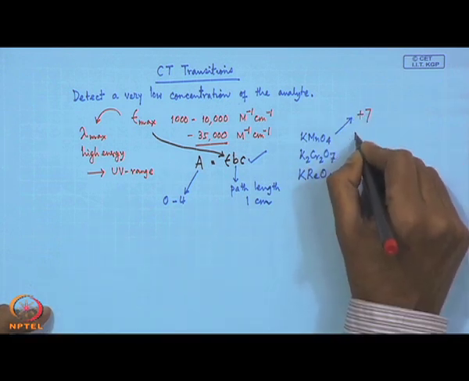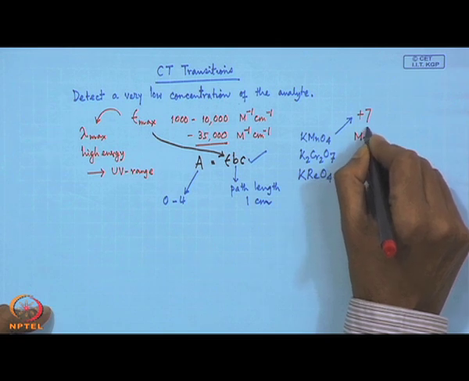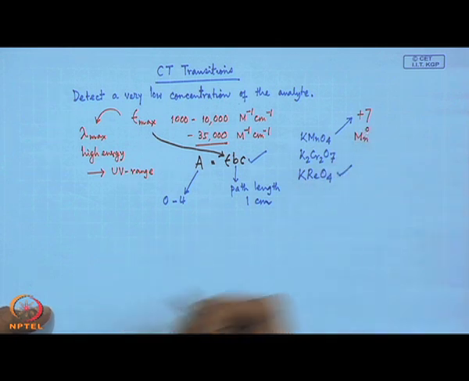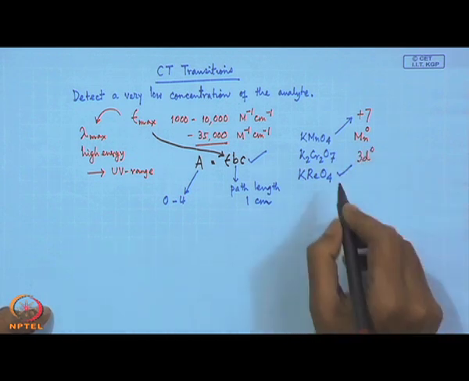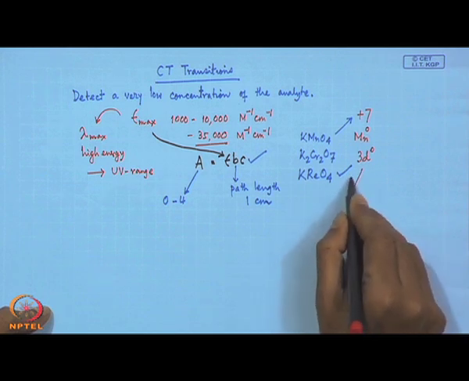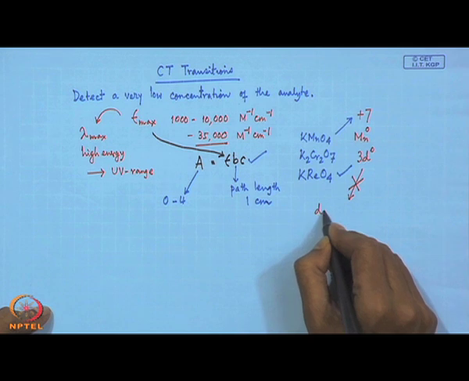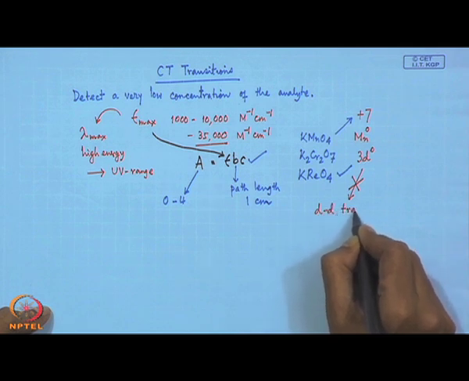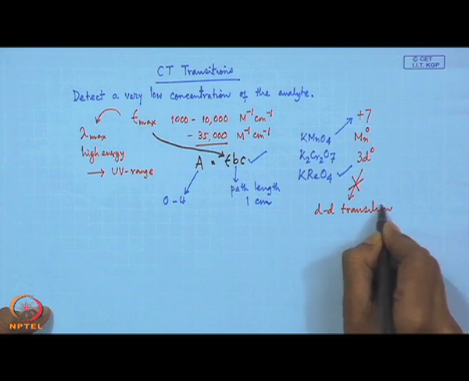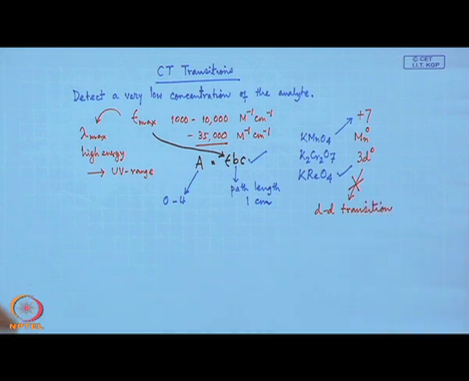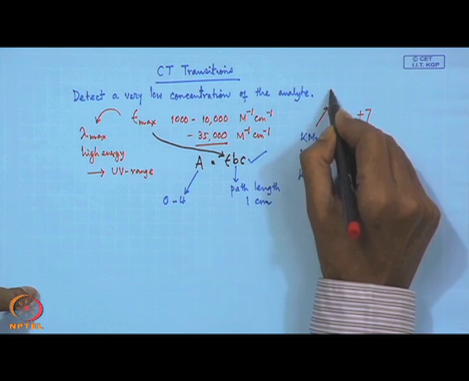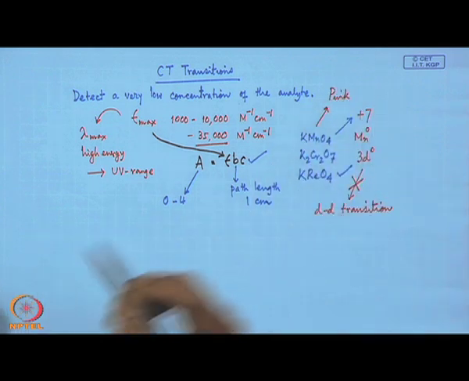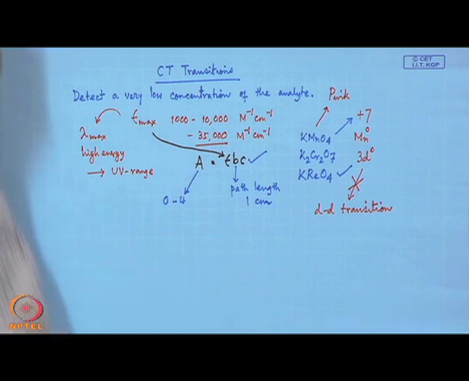Therefore, the electronic configuration on manganese is 3d0. Since it is 3d0, we do not see any d-d transition. So a d-d transition should not be there for potassium permanganate, but still this compound is colored pink. So why do we see the color?